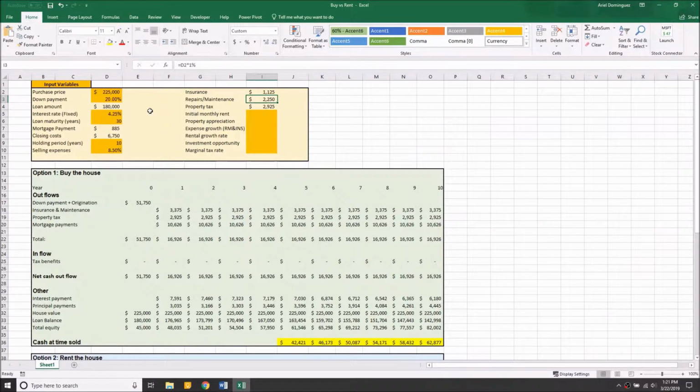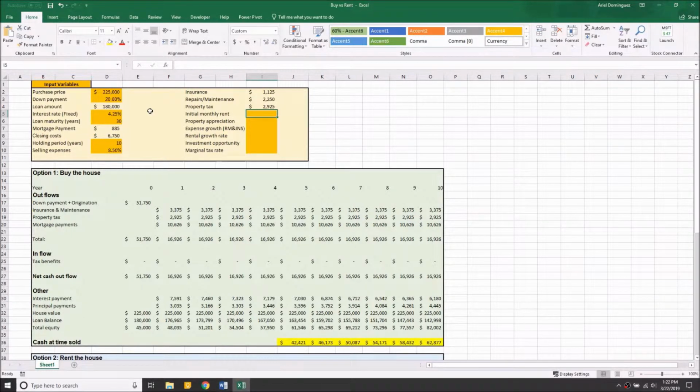So I went ahead and gave that 1% of the purchase price. And property taxes, as a home buyer, you will be required to pay your property taxes every year. And I went ahead and gave it 1.3%. Again, these percentages could change for these expenses, but this is just an average.